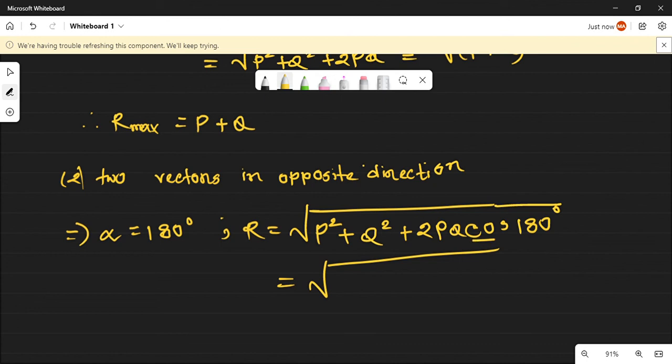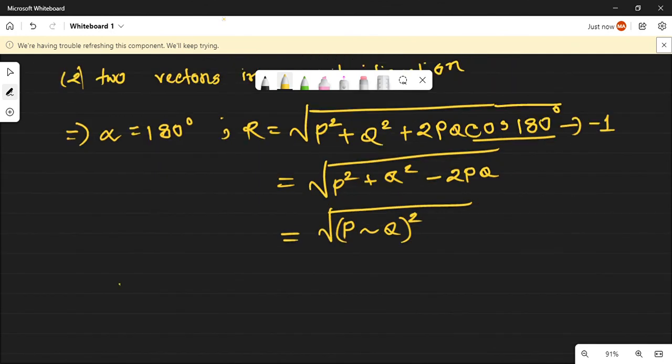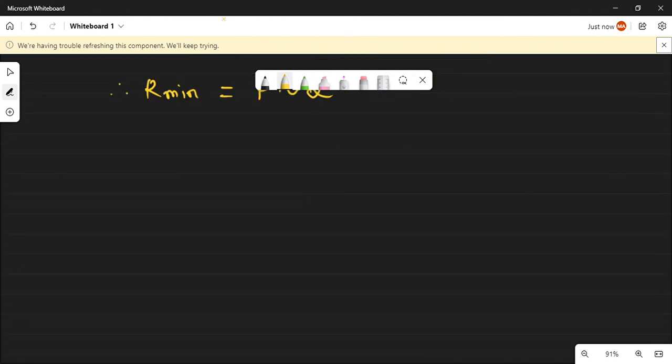Cos 180 degrees means minus 1. So P square plus Q square minus 2PQ, which is P minus Q whole square. We give a different sign, P difference Q, because we don't know which one is bigger, P or Q. Always keep in mind that if two vectors work in opposite direction, this will create the minimum resultant vector, so our minimum will be the difference of P and Q.